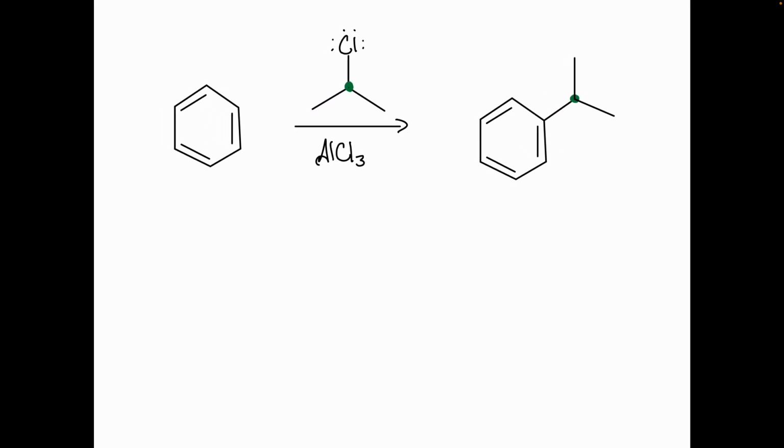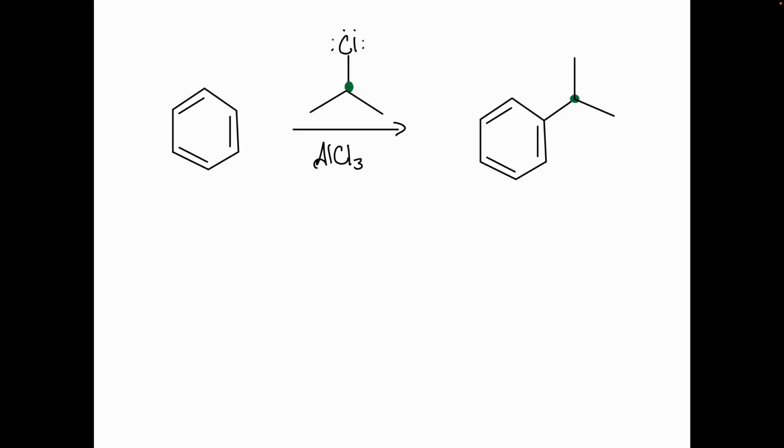And this should check out. If you did your full mechanism, you would see that, again, that pair of electrons attacks that carbocation, forming that new carbon-carbon bond. But let's take a look at another example here, where we're again going to be using an alkyl halide. But now I'm going to put that halogen over here on a terminal carbon.